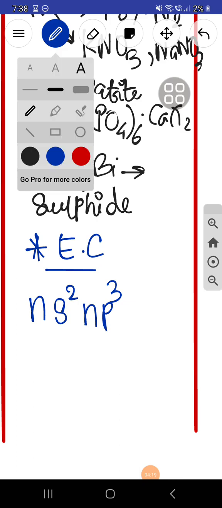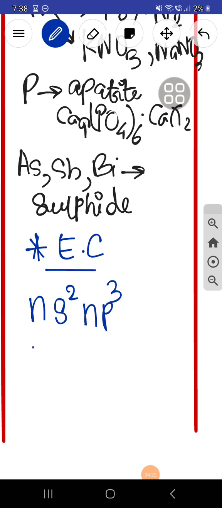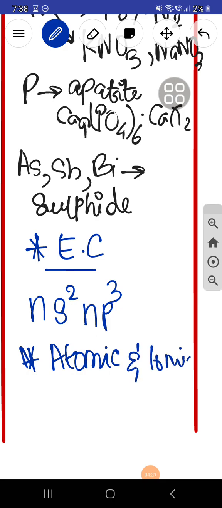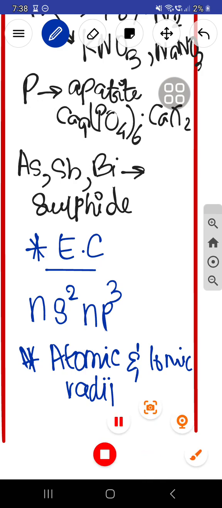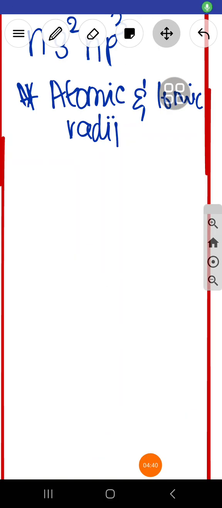Then the next characteristic that we have to learn is its atomic and ionic radii. One thing that is important is that generally down the group the size increases because new shells get added.